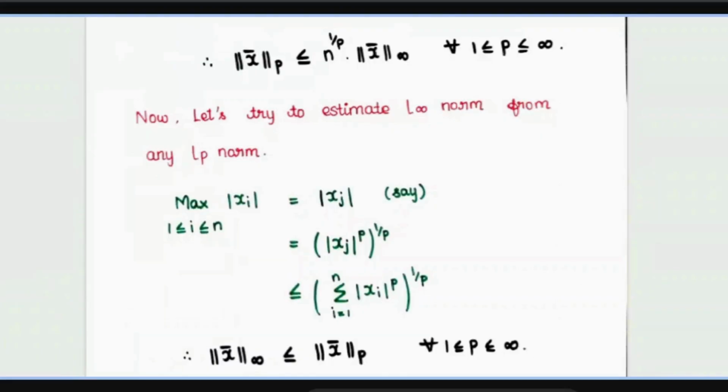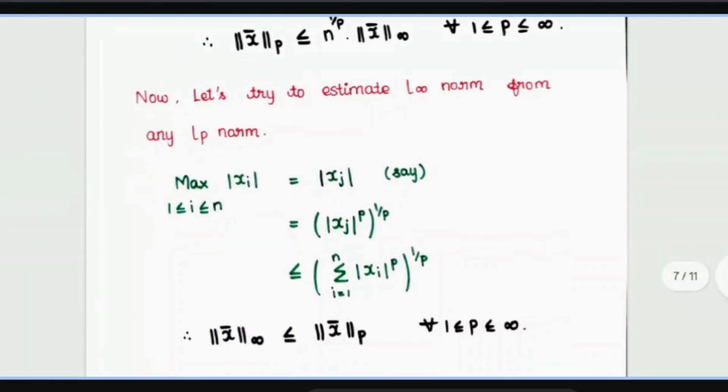This single term is less than or equal to summation of modulus of xi power p whole to the power 1 by p. Right, so this is nothing but the Lp norm of x bar. So L infinity norm of x bar is less than or equal to Lp norm of x bar. Now we estimated L infinity norm in terms of Lp norm.